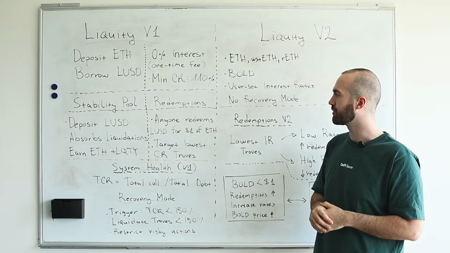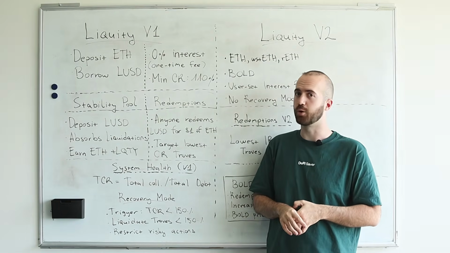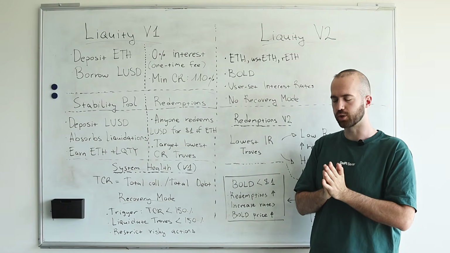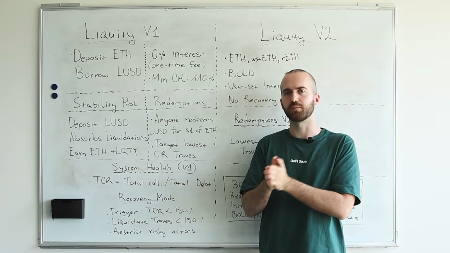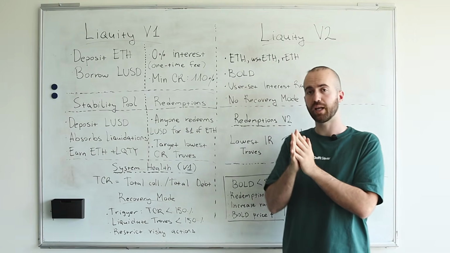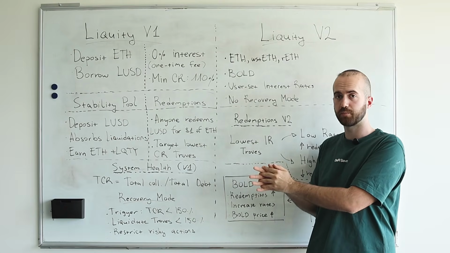And then we have the redemptions, which are a key component to maintaining the dollar peg. So how does it work? When somebody comes to Liquity, they can redeem one LUSD for $1 worth of ETH.